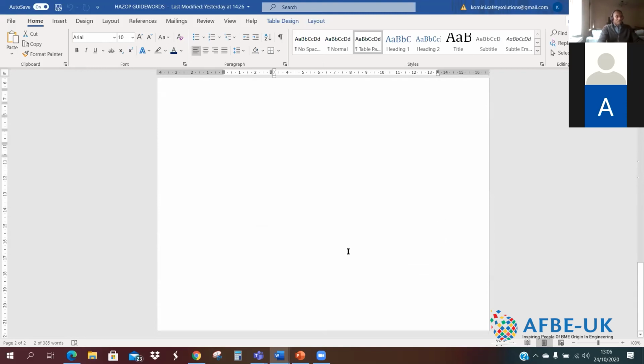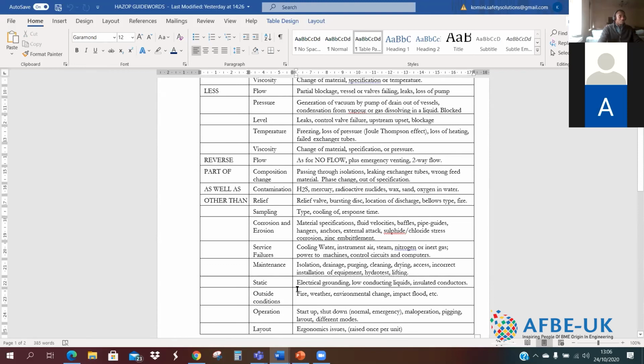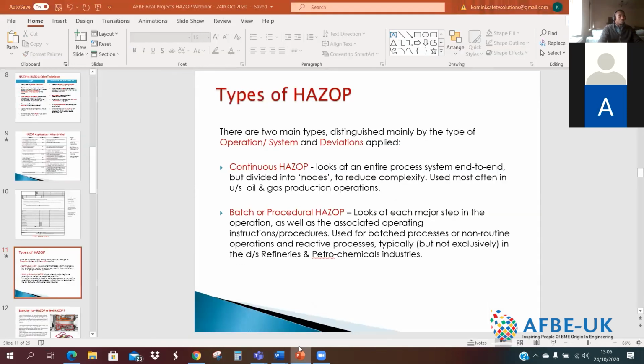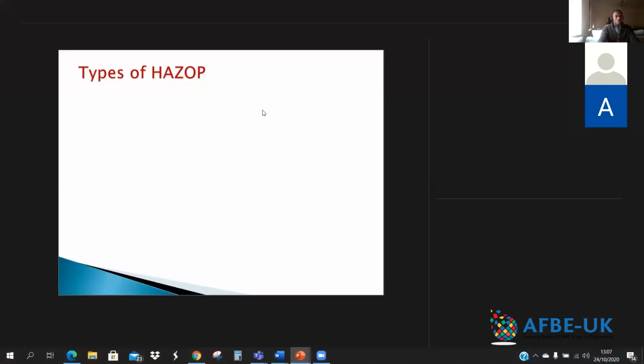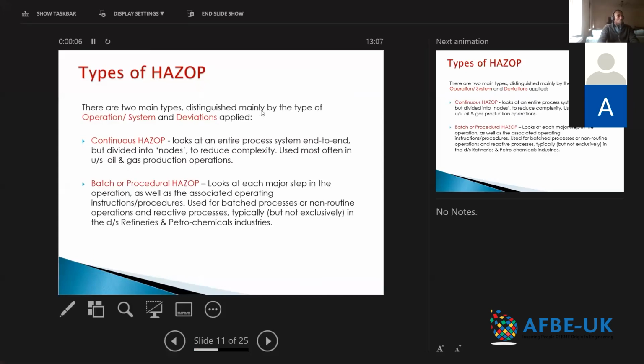So that's just a quick run through the guide words. Nothing much more to say there. Just switch back to the presentation. We talked about the types of HAZOP.